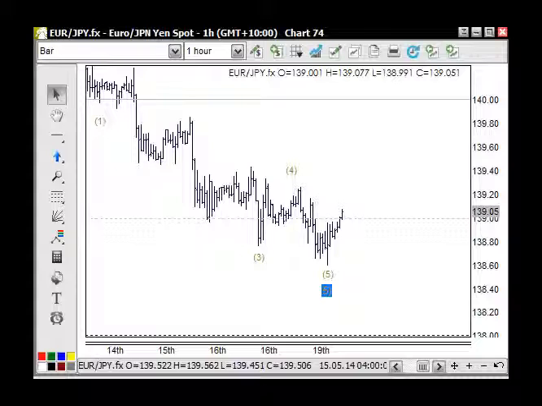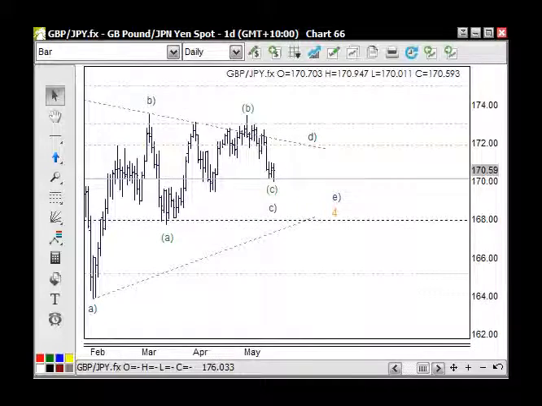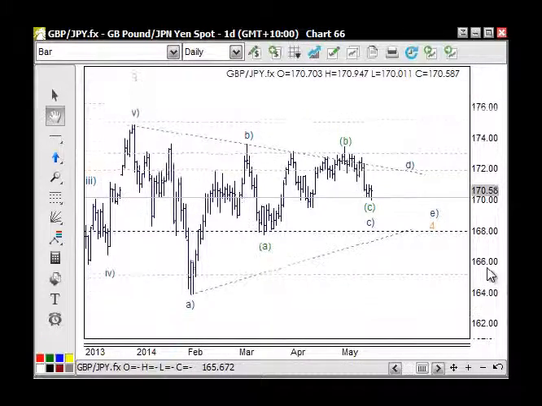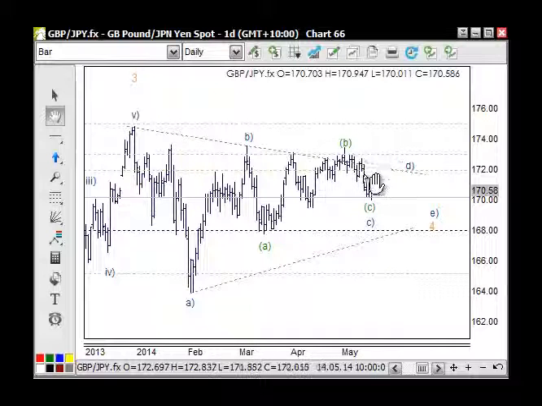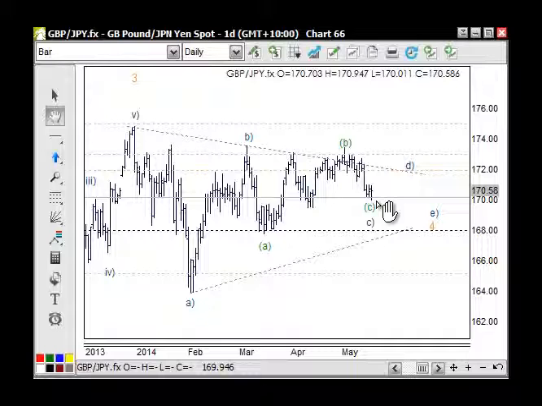The other market that moves with it is the pound yen. The pound yen never really came down as much as the euro yen did in this particular leg, but we're also still looking for a 5-wave structure in here, and it's really sat on the 170. Normally you'd have this wave C of C a bit further down through here, and that's still possible. I just need to be a bit mindful of that.